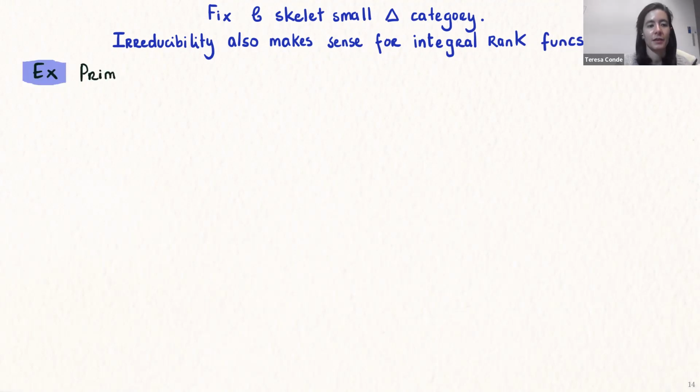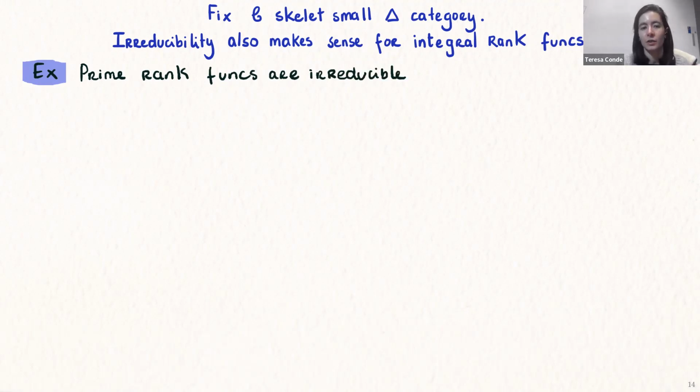As an example, all the prime rank functions that we have seen before, these were the ones that satisfy this normalization property and were moreover integral. It's not hard to see that all of these are examples of irreducible rank functions.